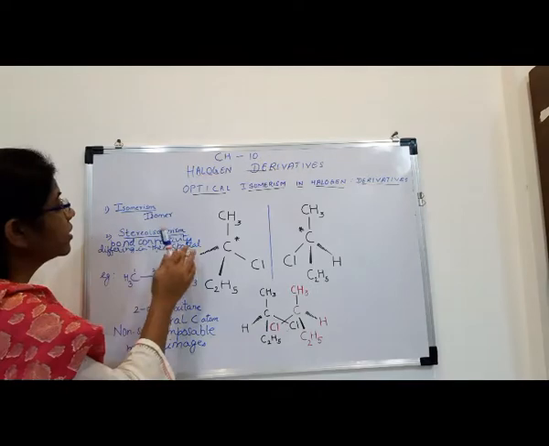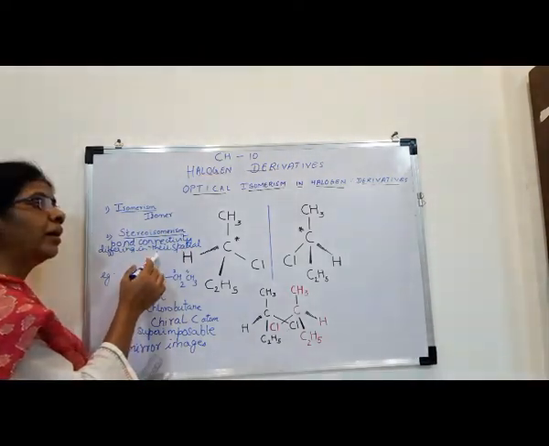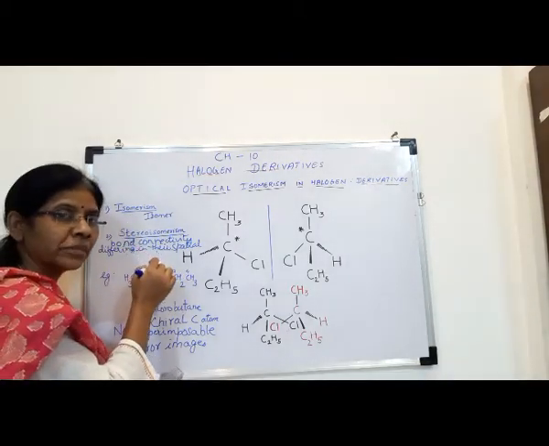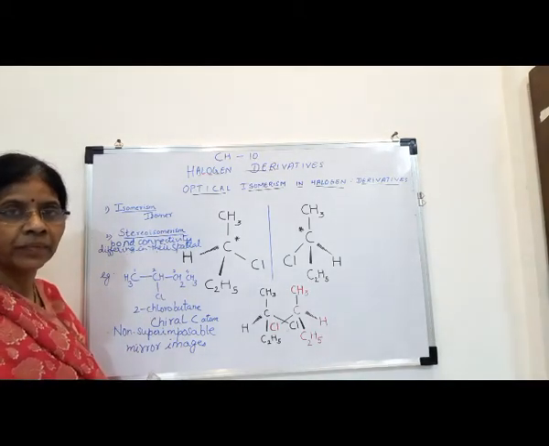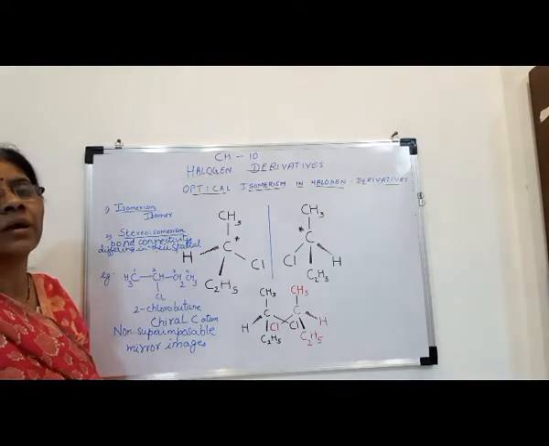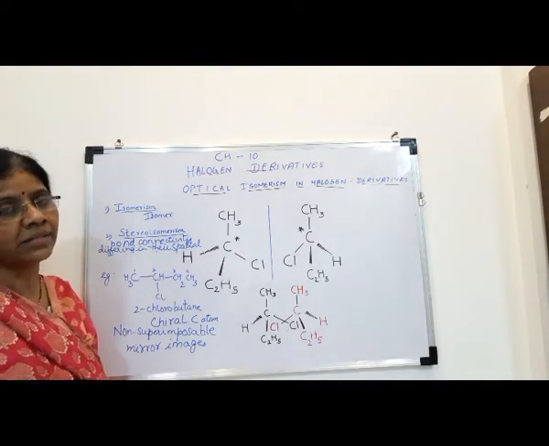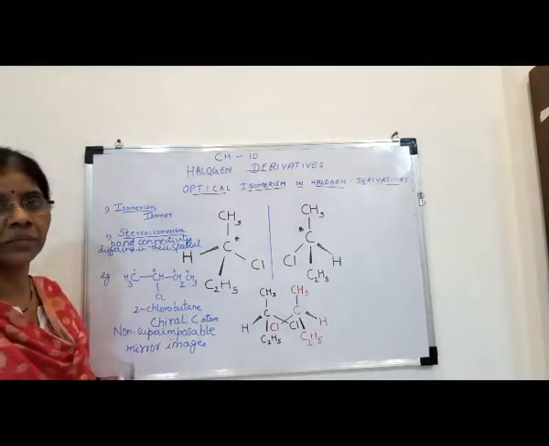That phenomenon exhibited by the isomers is called stereoisomerism, and the compounds which exhibit it are called stereoisomers. Bond connectivities are the same, but they differ in their spatial arrangement.